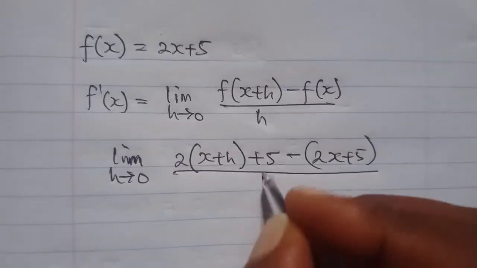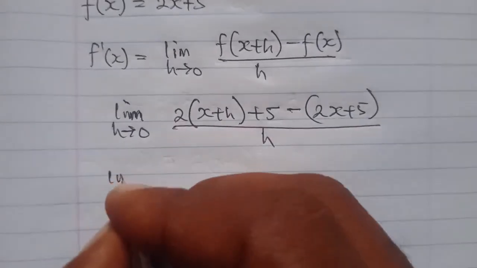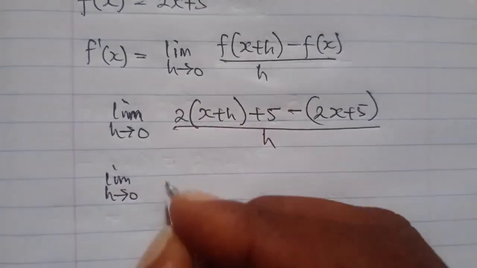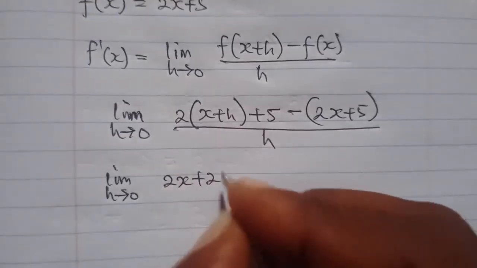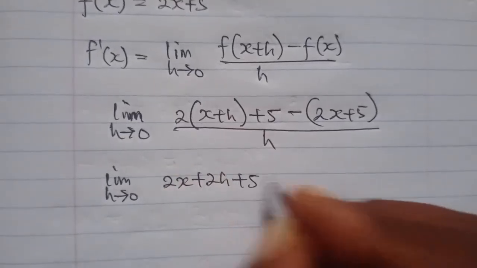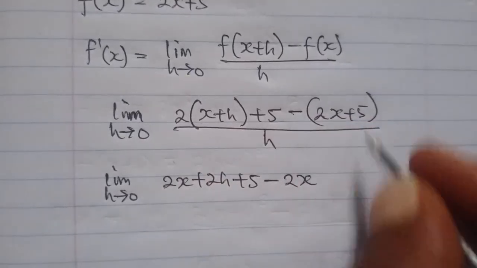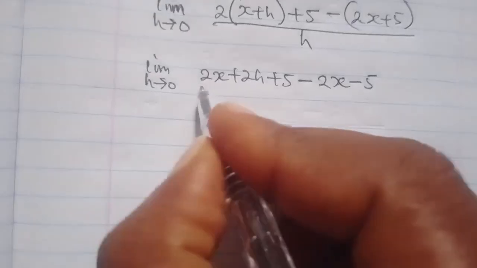All over h. So what we can have, if we open up the bracket, is the limit as h tends to 0 of 2x plus 2h plus 5, open up the bracket, minus 2x minus 5, all over h.